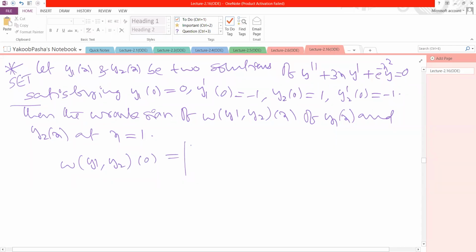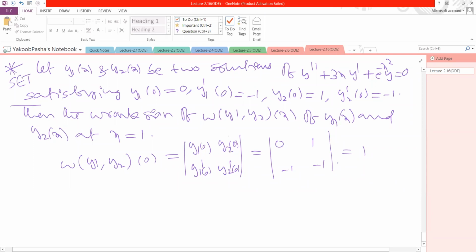That is equal to the formula: determinant of y1, y2 over y1 dash, y2 dash at the point 0. y1 of 0 is 0, y2 of 0 is 1, y1 dash of 0 is minus 1, and y2 dash of 0 is minus 1. So the determinant value is 0 minus of minus 1, which is plus 1. This is the Wronskian of y1, y2 at 0 only.